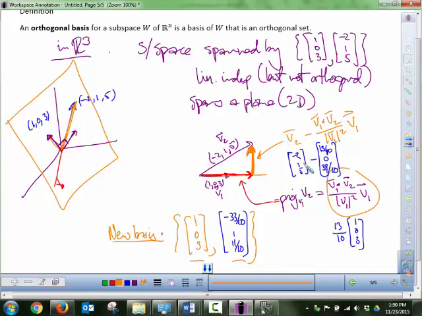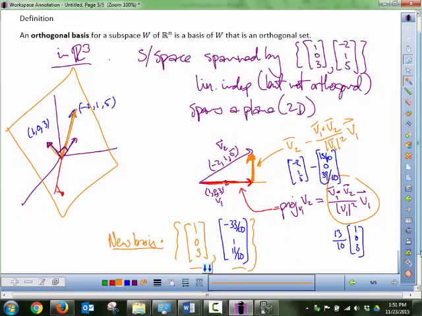What was the word in the beginning of the class? It's not orthogonal, it was orthonormal, right? So how would I make this orthonormal? Make it into a unit vector. So after I do this, just shrink this down to unit vectors, and then it'll be orthonormal. Okay, we won't do that yet, but that's the idea.